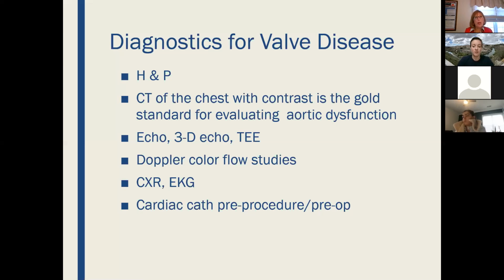So when there's backsplash, you see the overlap. What else? They can do chest x-ray. EKGs are going to tell us about dysrhythmias you might be developing. So that's a concern. And they'll probably do cardiac caths and things like that, either pre-op or pre-procedure or even post-procedure. Sometimes they have to do them.